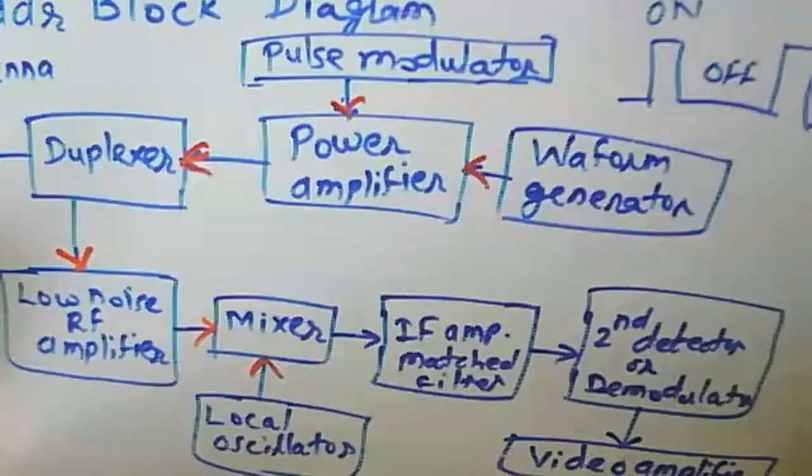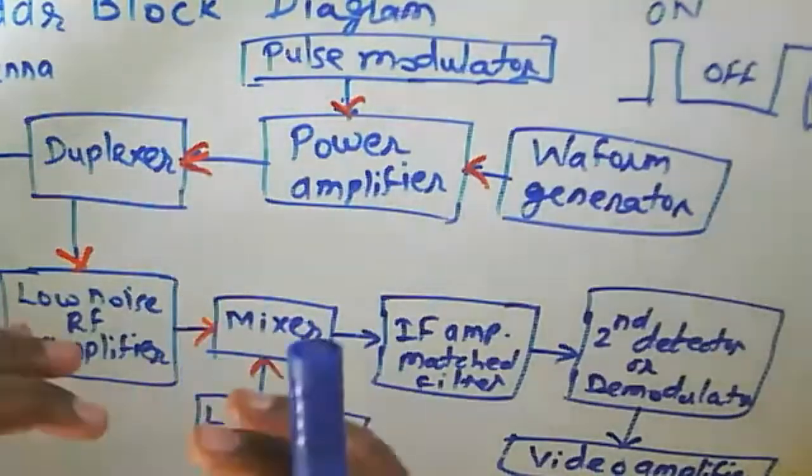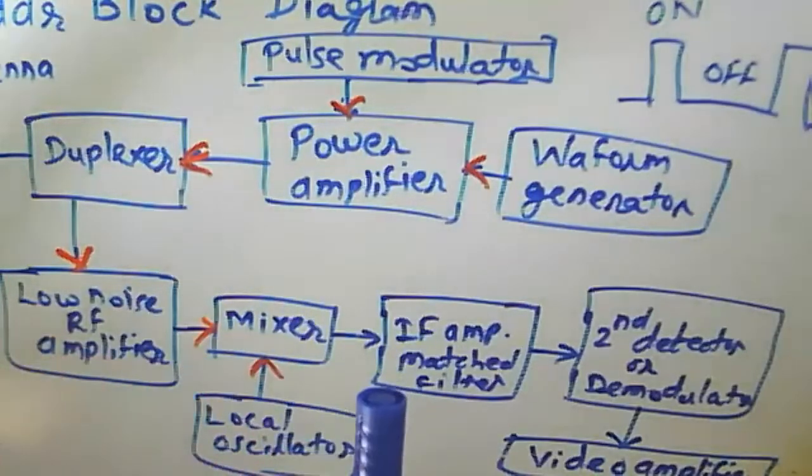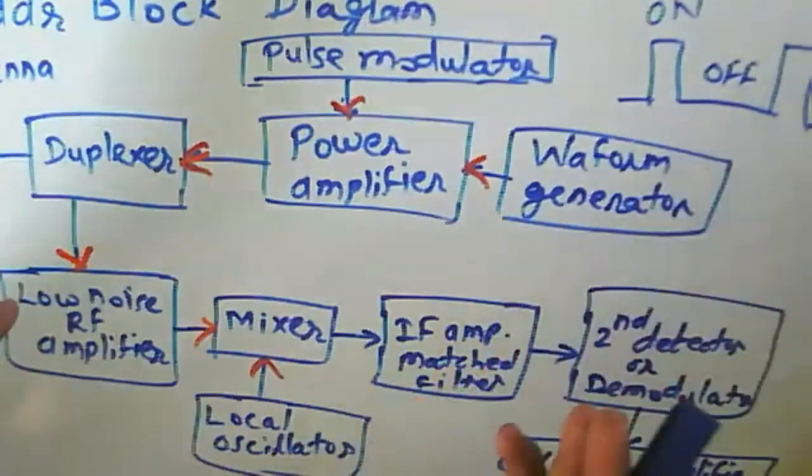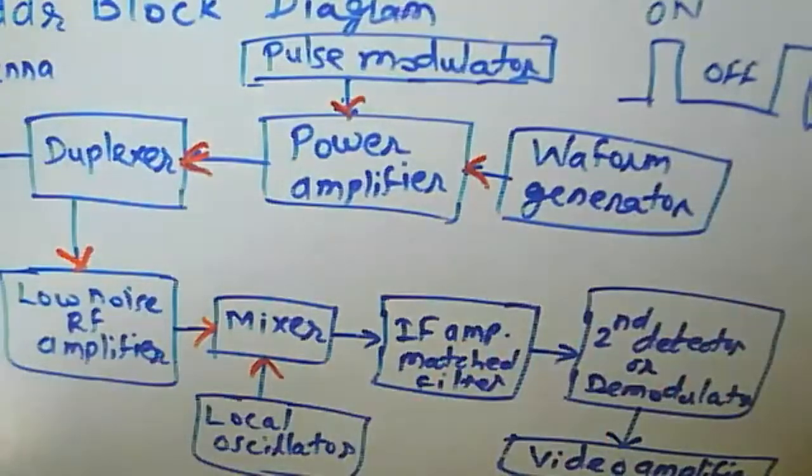So we are supposed to use that transition for the on pulse duration and the off pulse duration, so that we can transmit a signal and we will receive the echo signal within a particular period of time there. So that is about it.